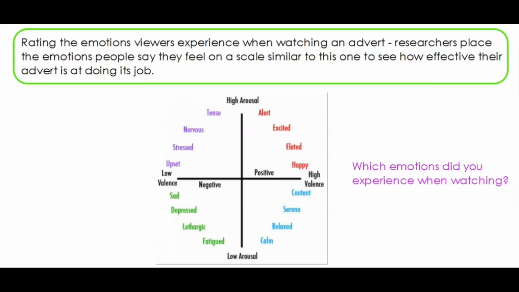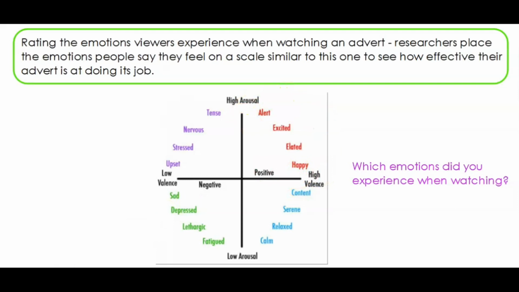It's more likely that people will remember an advert that arouses them, so they're looking for words that fall on this high arousal side of the scale, but also they want words that people say that make them feel very positive. So in order for an advert to really stick in people's minds and help them to think about it for long after they've seen the advert, which is what the advertisers want, they're looking for the words that fall on this side of the scale.